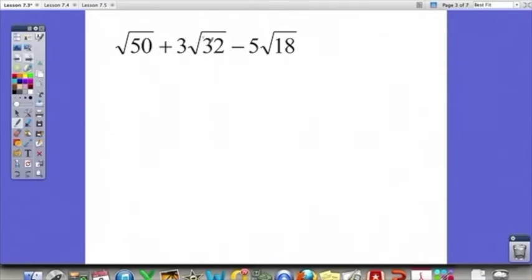Same thing, they're not all the same, so I can't add and subtract them as is, but I'm going to simplify down. This is 25 times 2, so 5 root 2. 16 times 2, let me go ahead and bring down the 3, 4 root 2.